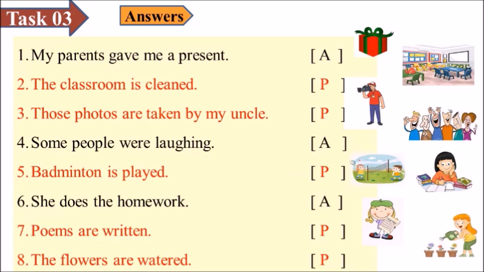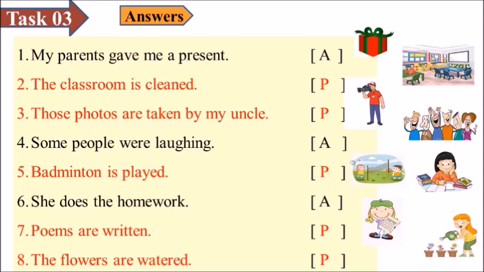Number 1. My parents gave me a present. It is an active voice sentence. Number 2. The classroom is cleaned. It's passive. Number 3. Those photos are taken by my uncle. It's also a passive voice sentence. Number 4. Some people were laughing.